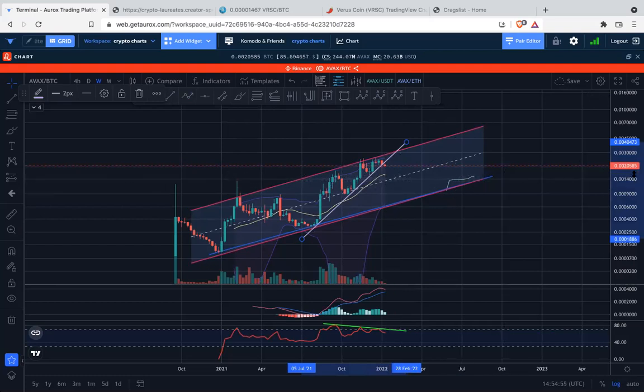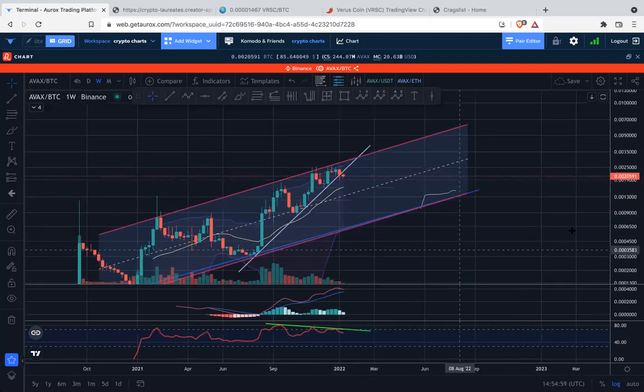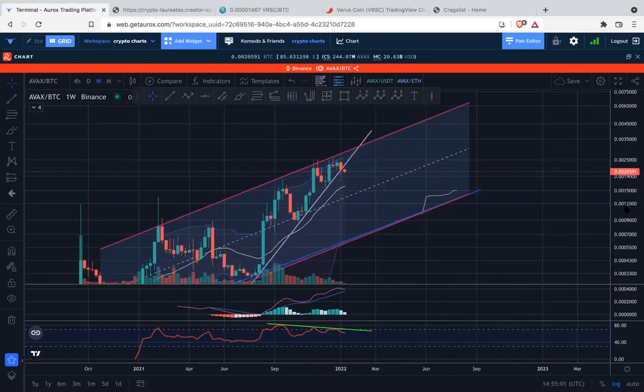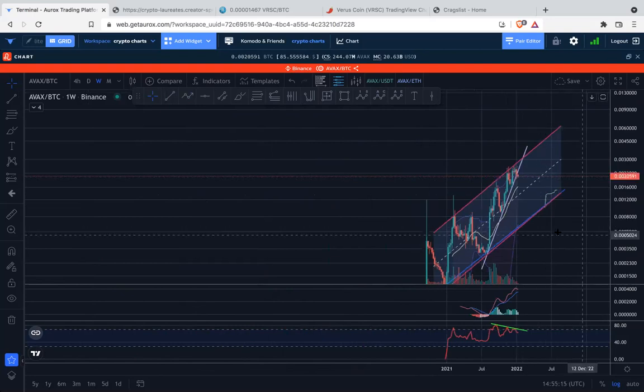Let's see. Yeah, it's breaking down this trend line, and we've got this price action here, and beyond that, the bottom of the channel is the next big uptrending support.